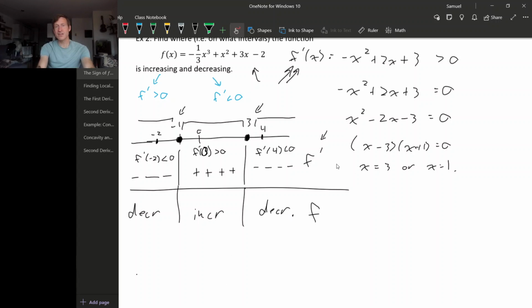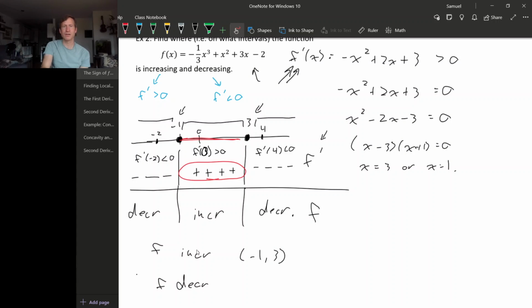So you can see this sign chart for f prime actually lets us just read off where f is increasing and decreasing. It's increasing from -1 to 3. That's from here to here, where f prime is positive. So that's where f is increasing. And f is decreasing where f prime is negative.